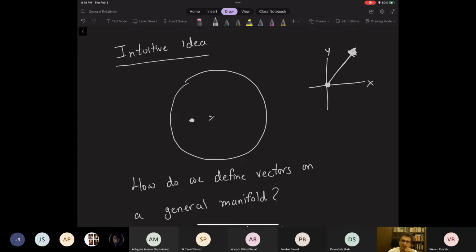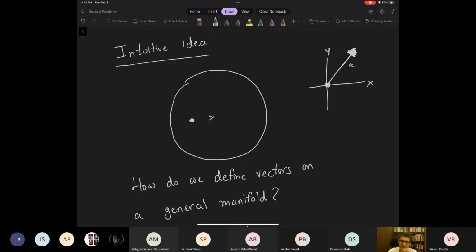Now on a manifold, what is a straight line? A straight line is the line with the shortest possible distance which connects these 2 points. On a manifold, we don't have a notion of distance yet. The manifold is only something which has coordinates on it, but it doesn't have a notion of distance between any 2 points.